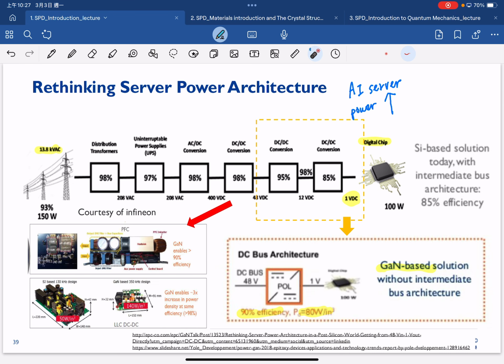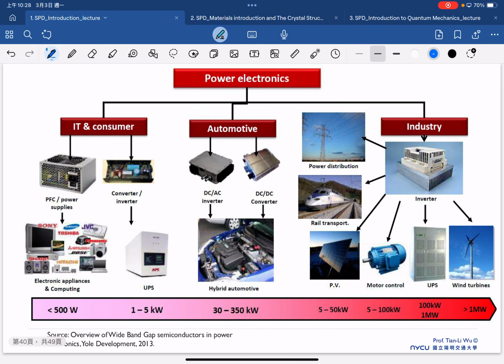In general, this is the technology. As long as we talk about voltage and power, it is always in the domain of what we call power electronics. So power electronics is not only what you might already use as a charger. The charger is one example of power electronics, as nowadays you have the fast charger.